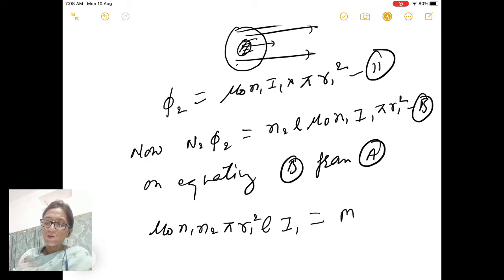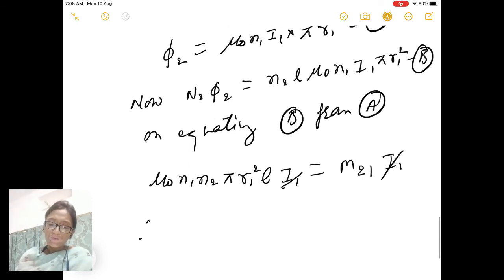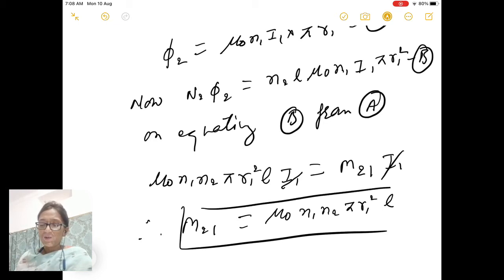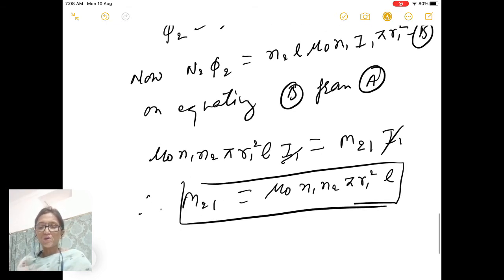This must be equal to mutual inductance M21 into I1. So therefore M21 is equal to mu naught N1 N2 pi R1 square L. From here you can see that mutual inductance only depends on the dimensions of a solenoid. It depends on the number of turns, the radius and length.